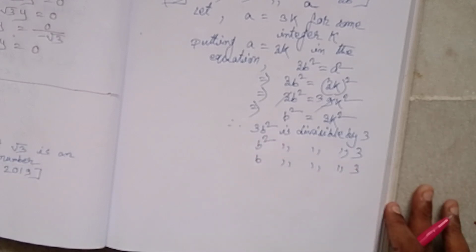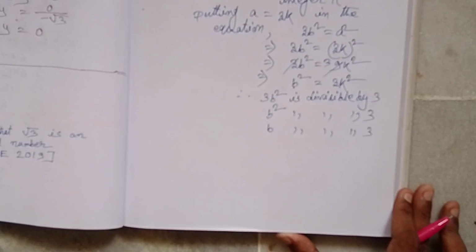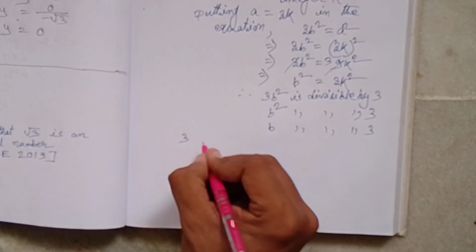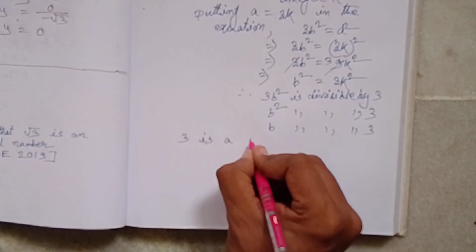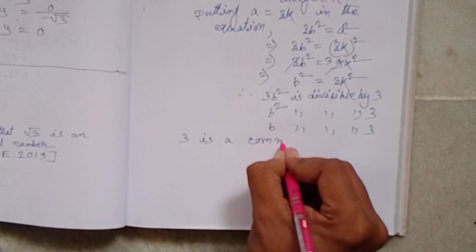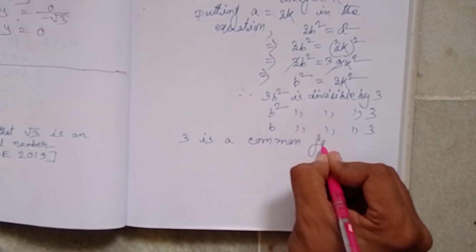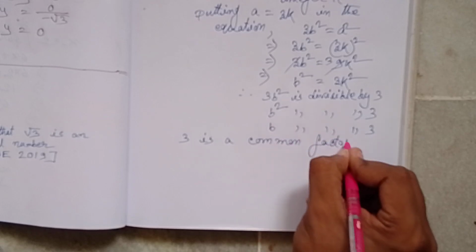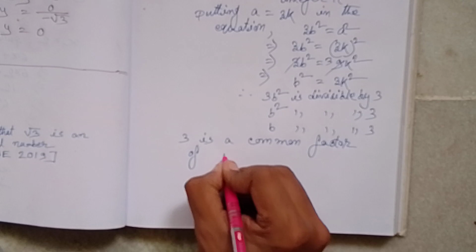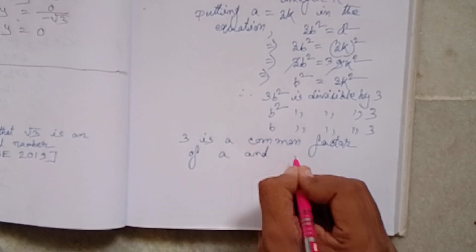Now b is also divisible by 3, since where a square term is divisible by a particular number, the square root of that term is divisible by that number also. So we can say 3 is a common factor of a and b.